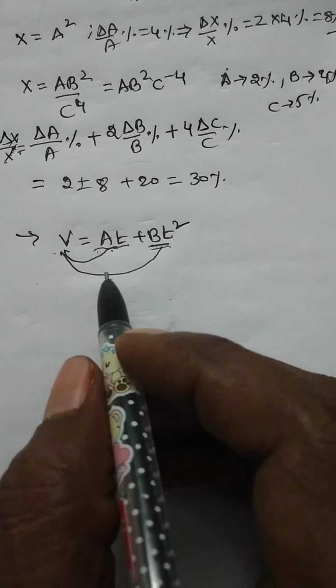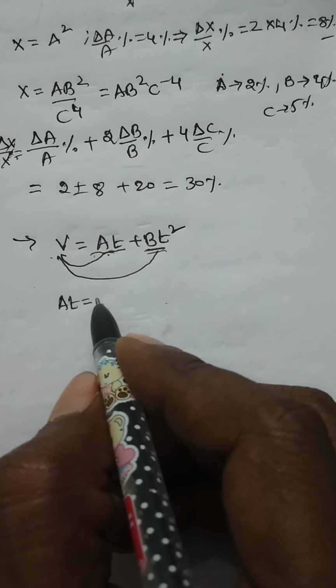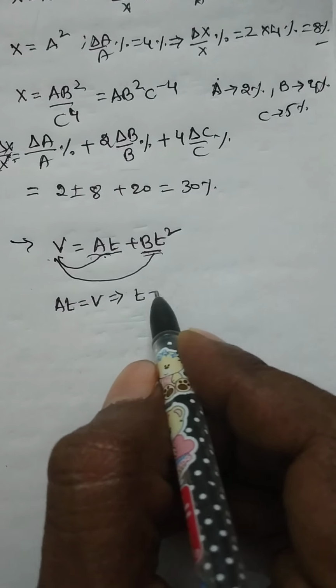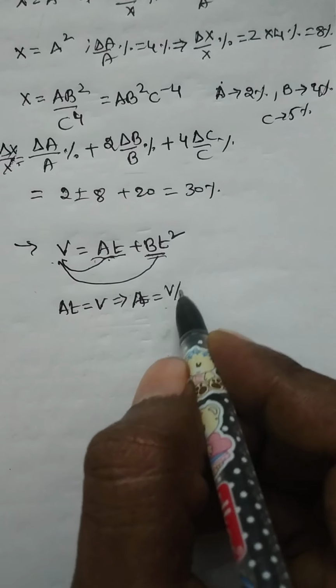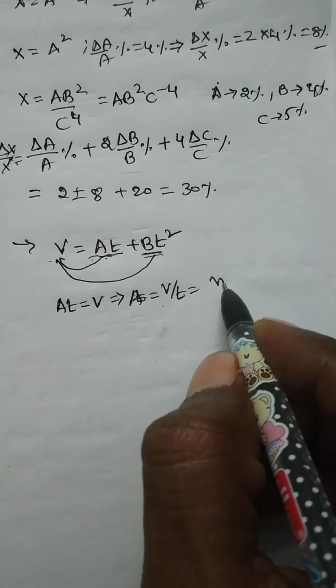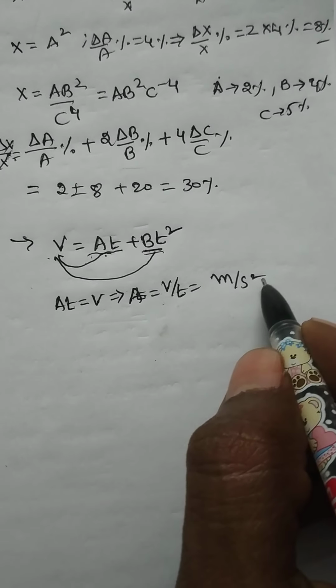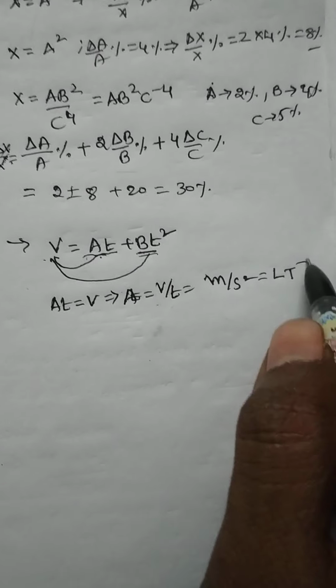Then what happens? AT is equal to V, means A equal to V by T. V units meter by second, divided by second, meter by second square. So that is meter, nothing but L T power minus 2.